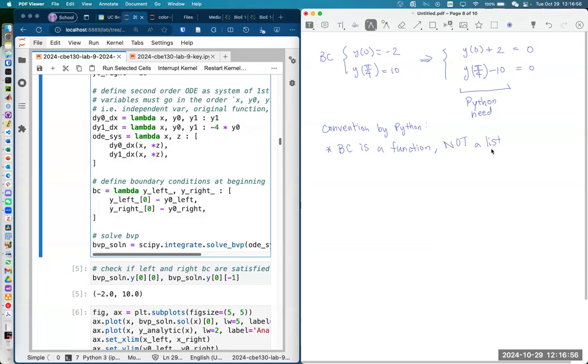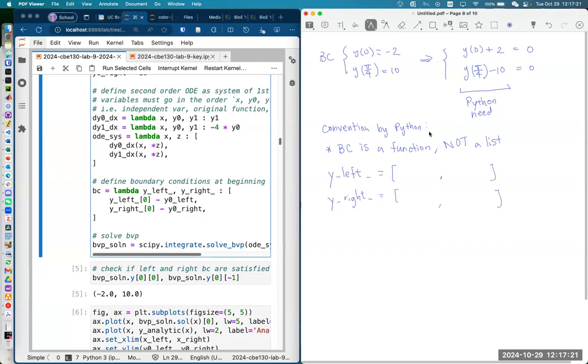Because in initial value problems, the initial values are in a list, but here, the boundary condition is a function, not a list. And the function takes in 2 arguments. So the first argument is y left. So this is everything that's on the left boundary. And then y right, everything on the right boundary.